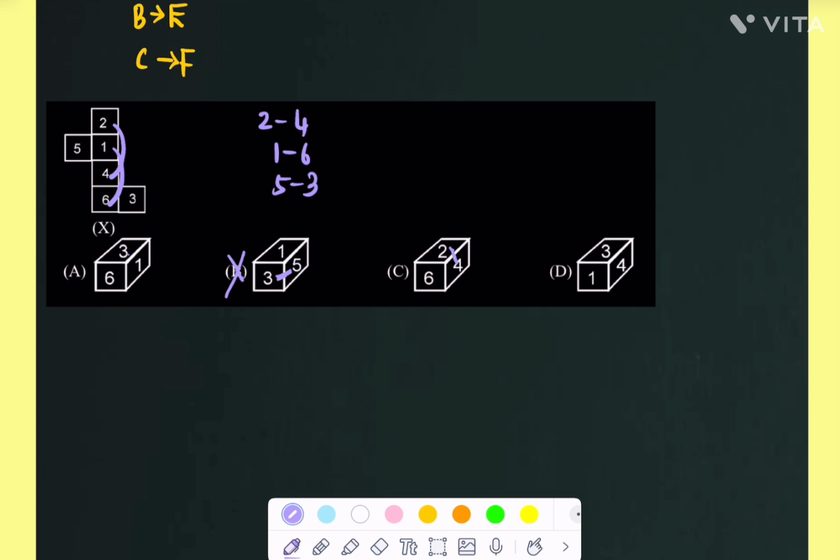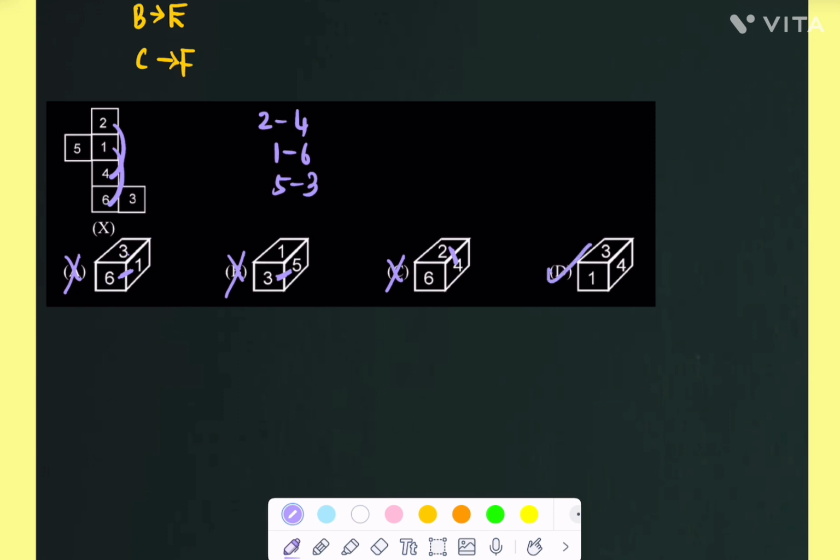And here 2 and 4 are opposite actually, but they are given adjacently, and it is not the correct option, right? And next one, is anything there? 2 and 4 are not there, 5 and 3 are not there, 1 and 6 is there in the first die here. 1 and 6 are opposite actually, but adjacently given, so it is also not the correct option.